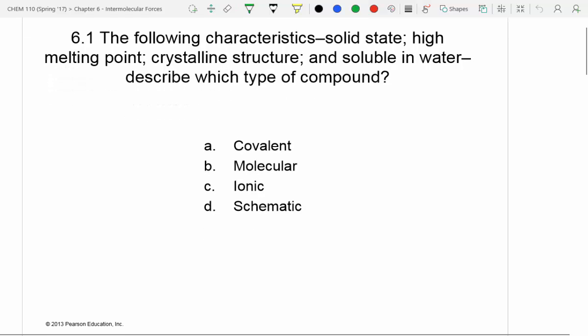So let's do this first one. The following characteristics: a solid state, high melting point, crystalline structure, and soluble in water. Does anybody think they have the answer?